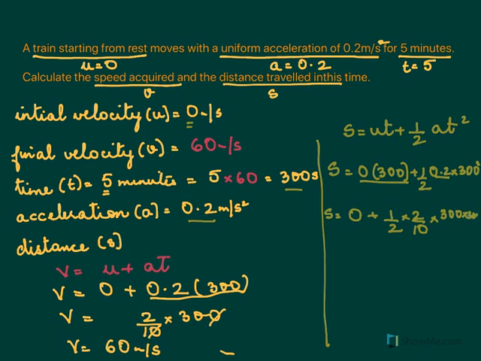So that is 300 into 300. So I cancel this out. So s becomes now 300 into 30. s is 9,000 meters. And 9,000 meters is 9 kilometers. You may not convert into kilometers. You may keep it as it is.